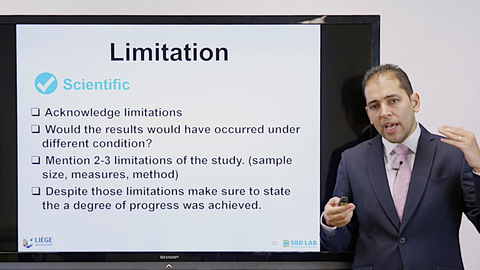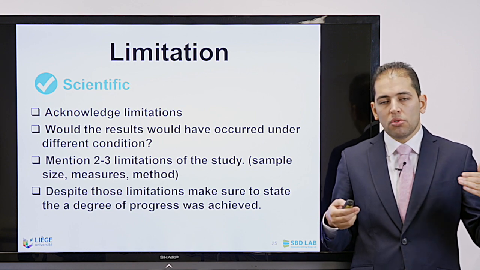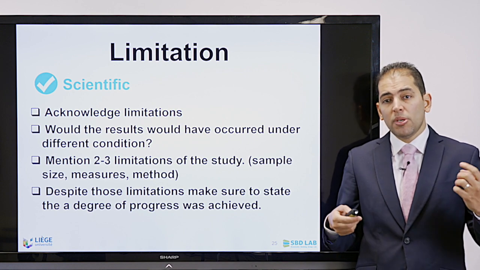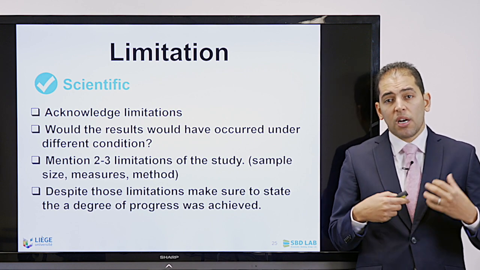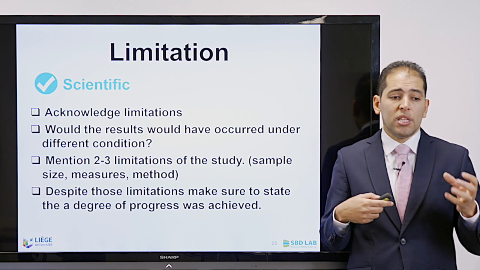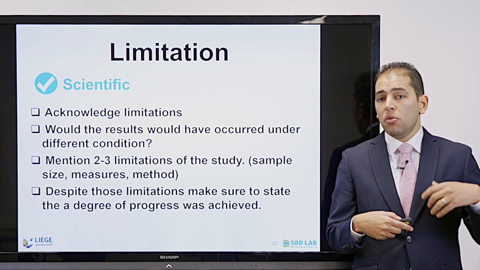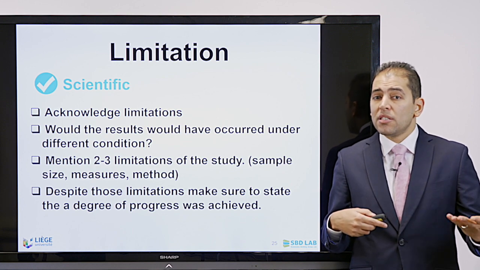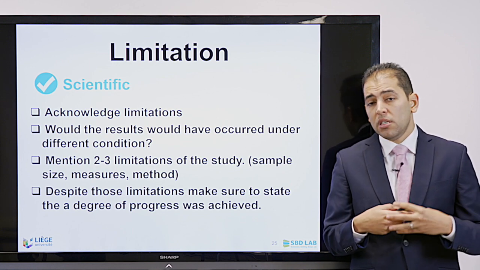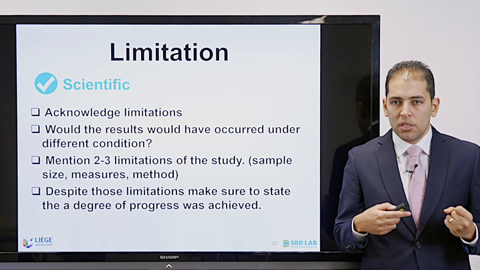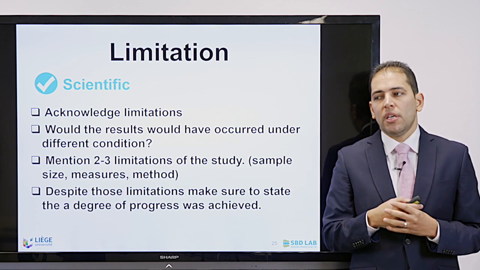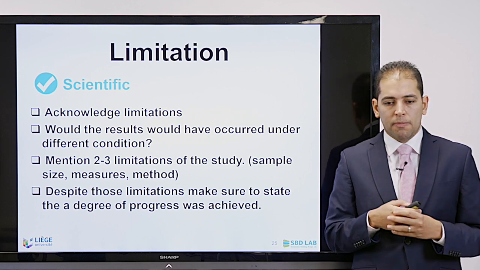So you say, I have these weaknesses, 1 or 2 or 3 maximum, but at the same time, overall the work is valuable because it is progressing or advancing science in this area or shedding light on something we didn't know, providing an understanding, an insight, an analysis, a technique or a method. So it's important to be very balanced and not position yourself in a negative way.